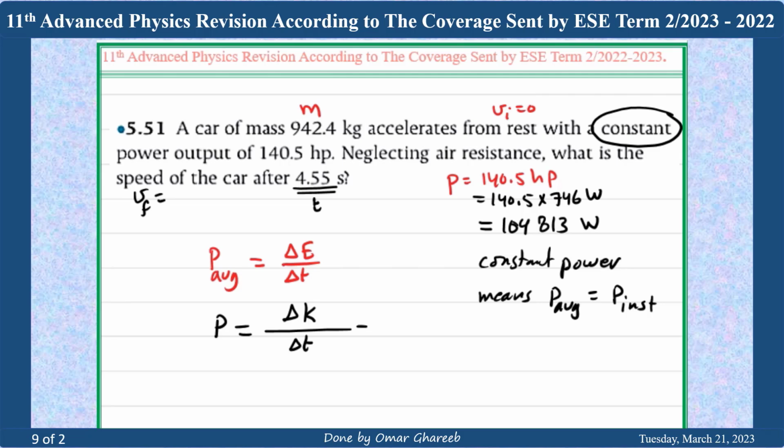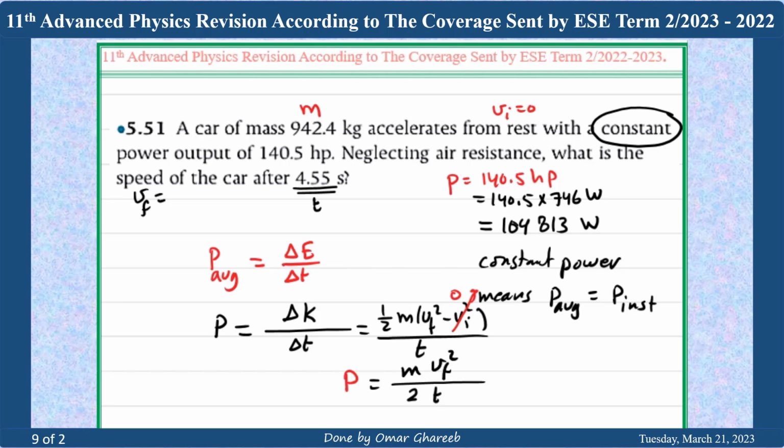What is the delta kinetic energy? It is 1/2 M V final squared minus V initial squared over T. Now the 1/2 will become downward here, times T, M V final squared, and V initial squared is 0, equals the power.